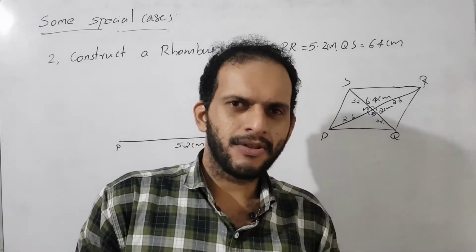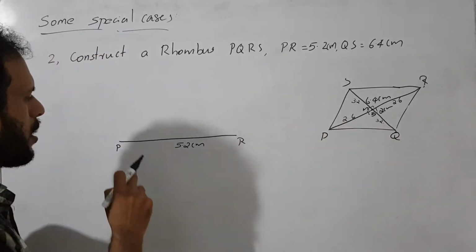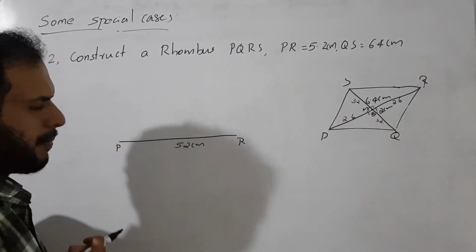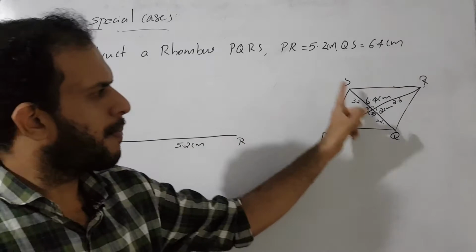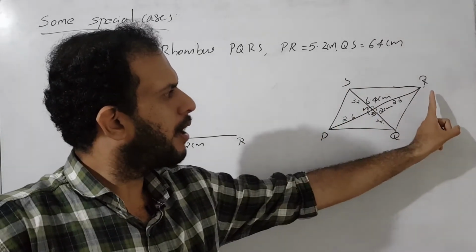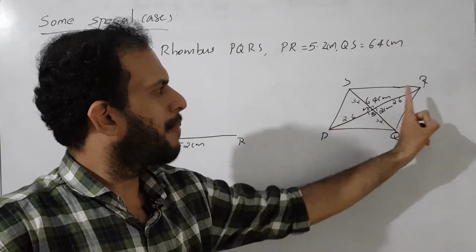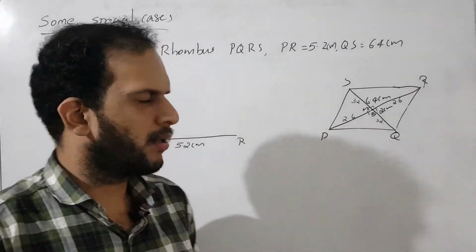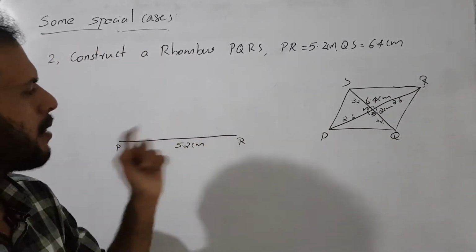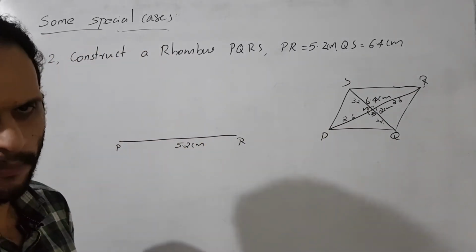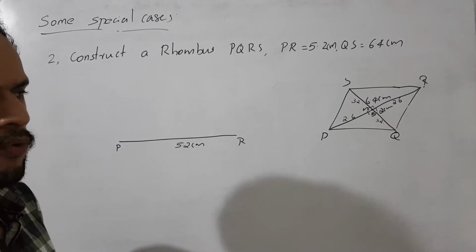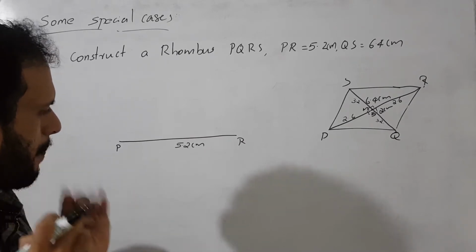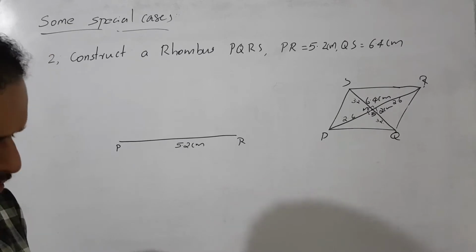So next we construct a perpendicular bisector of PR. We already studied how to draw a perpendicular bisector in the lower session, correct?